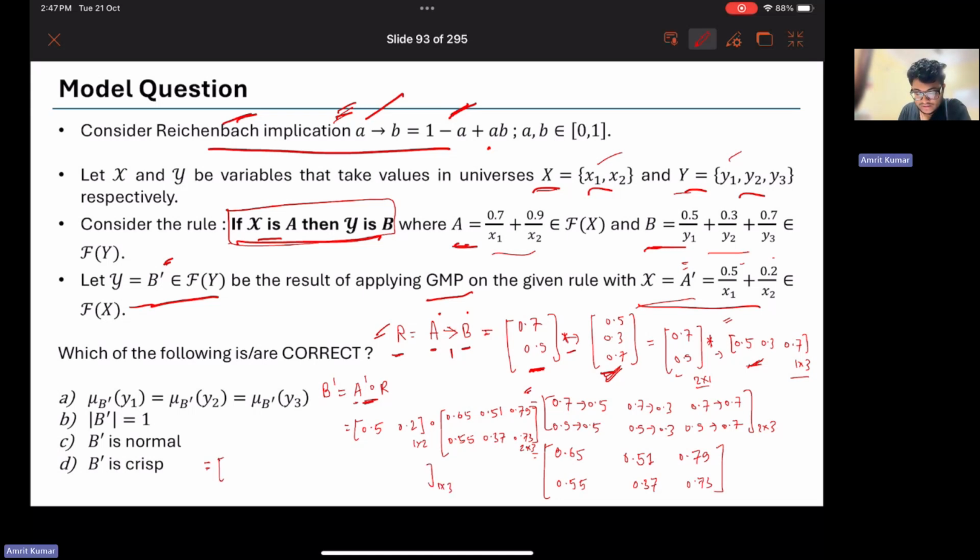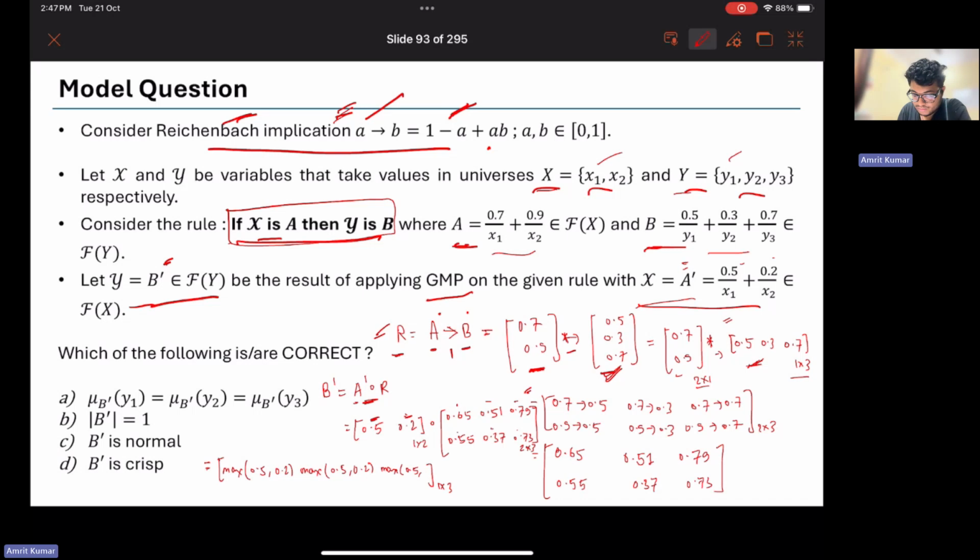So let us do max of mins. Minimum of 0.5 and 0.65 is 0.5. Minimum of 0.2 and 0.55 is 0.2, of course. And minimum of 0.5 with 0.51 is again 0.5. And minimum of 0.2 and 0.37 is again 0.2. Minimum of 0.5 and 0.79 is again 0.5.